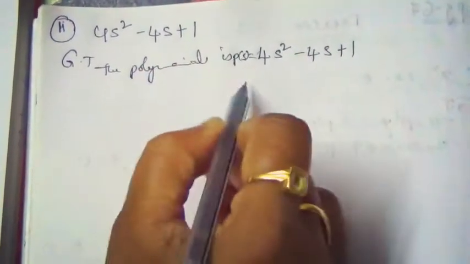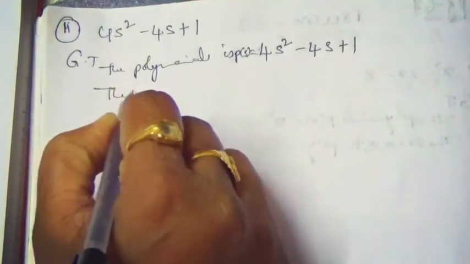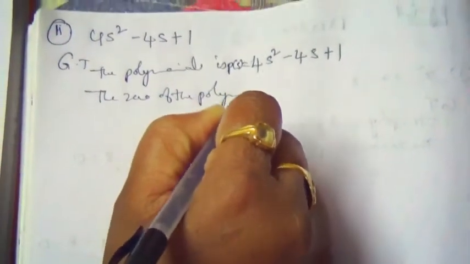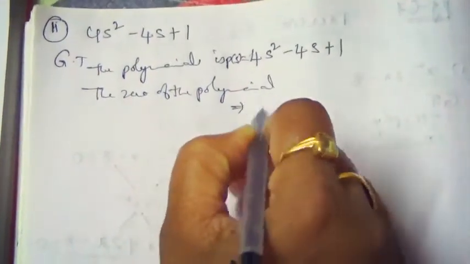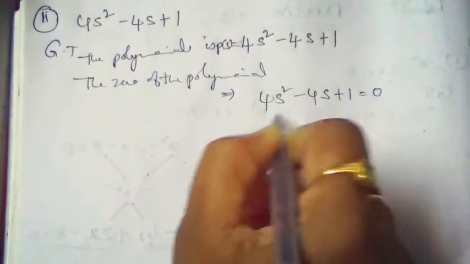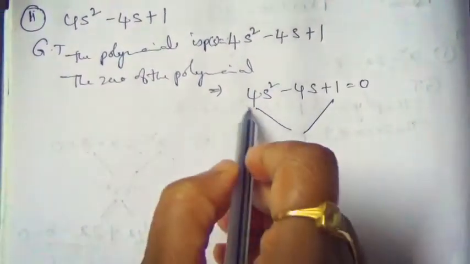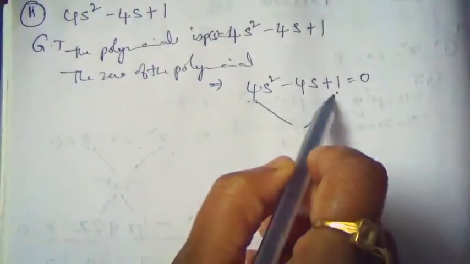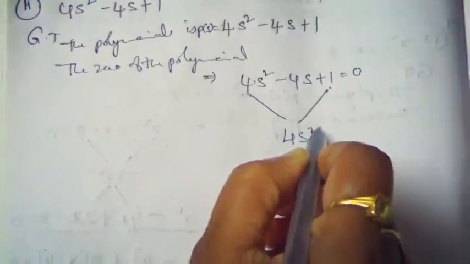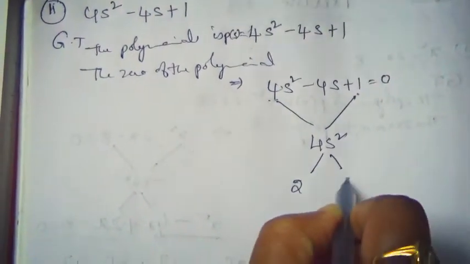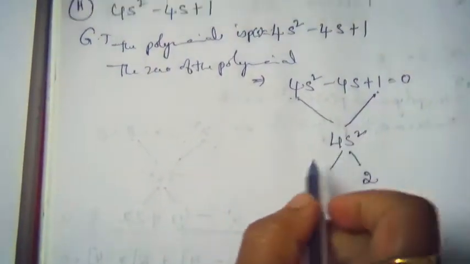Okay, so let us find the zeros of the polynomial. That implies 4s square minus 4s plus 1 is equal to 0. Is the equation in order? Yes. So 4s into 1, 4s square. While adding these two numbers, you have to get minus 4s.